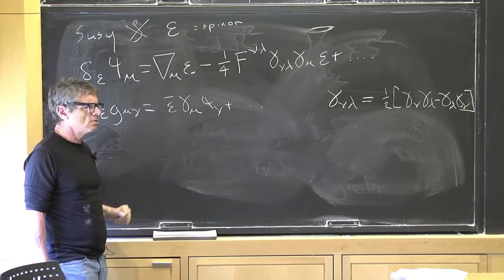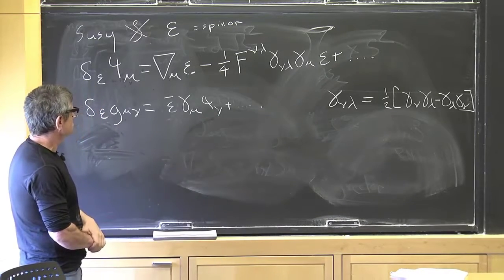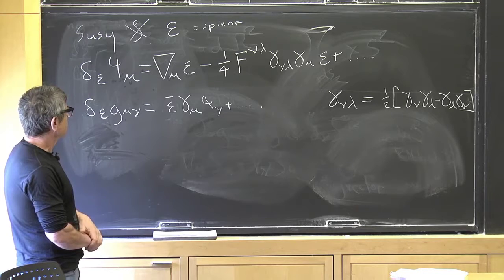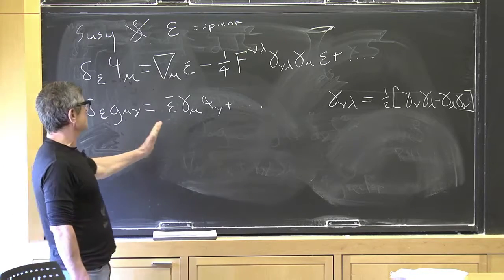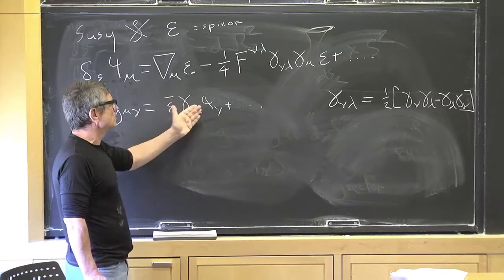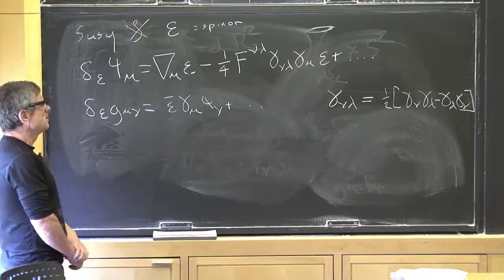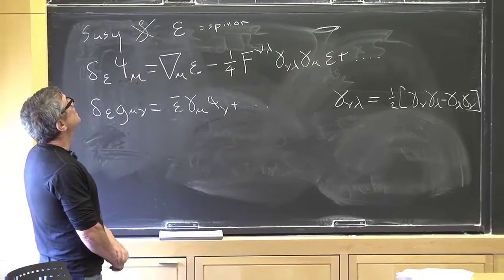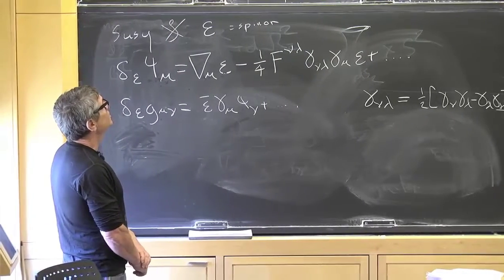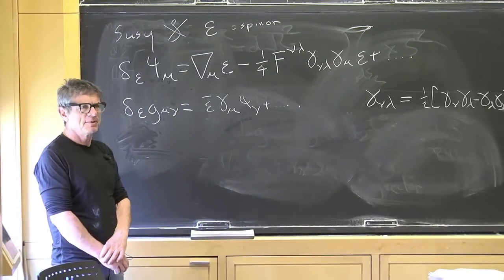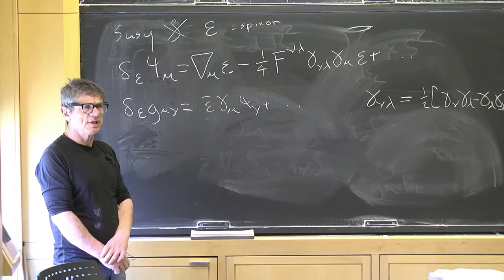I think delta A is just epsilon bar psi nu. There are no derivatives involved with that. So supersymmetry is a symmetry transformation which mixes up fermions and bosons.